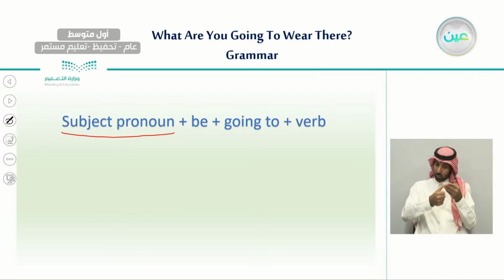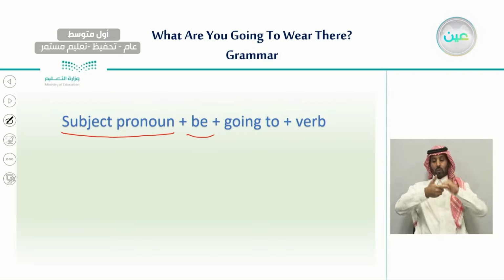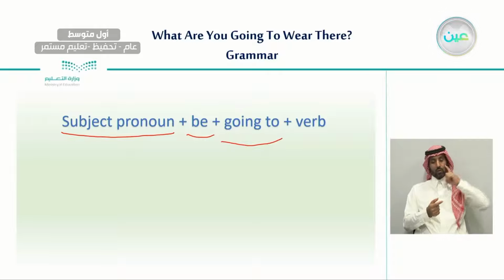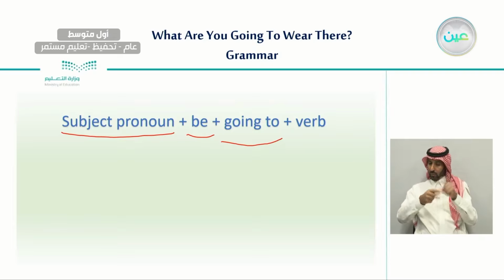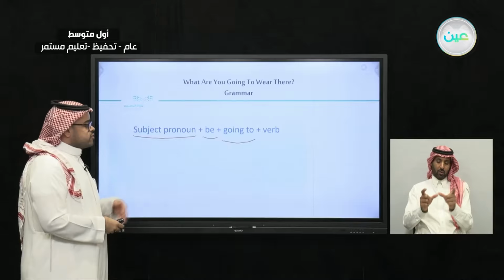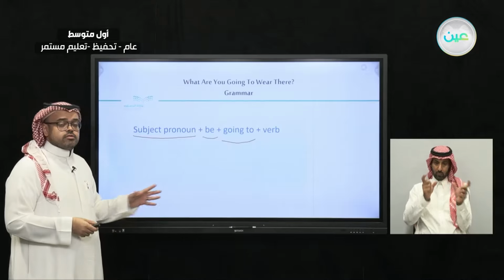Then after the subject pronoun comes the verb to be: am, is, or are. And then we use going to, for the future, and what comes after going to is a regular verb. So this is how we form the sentence in the future.